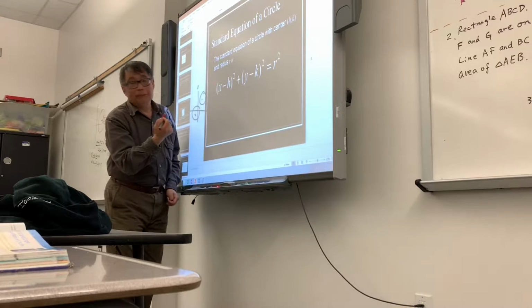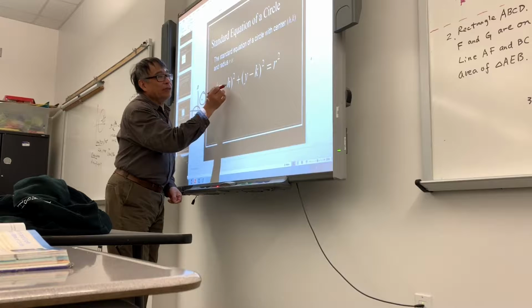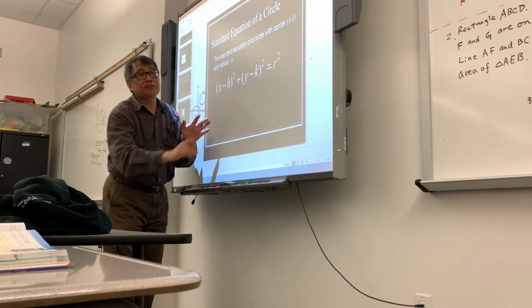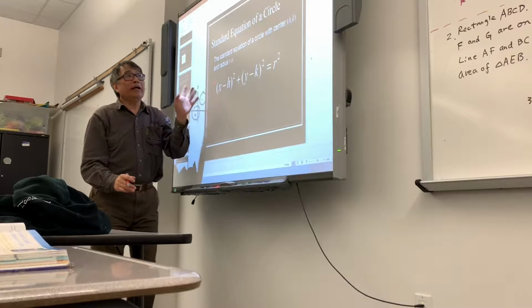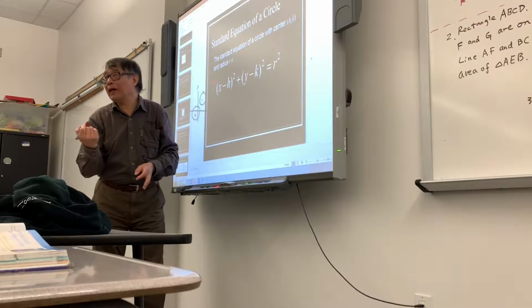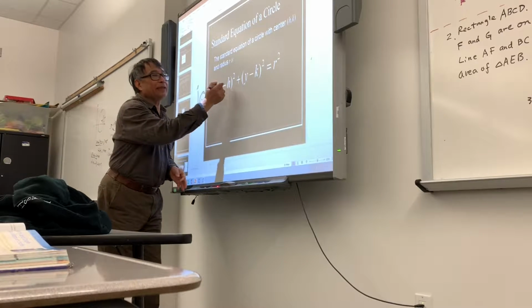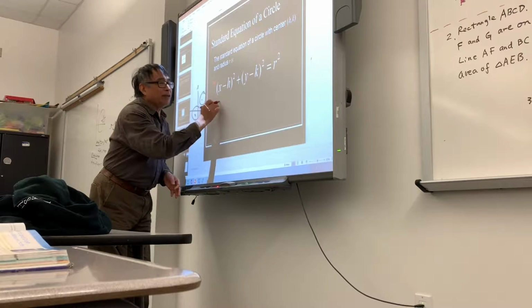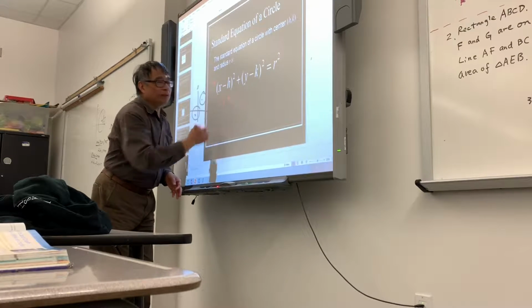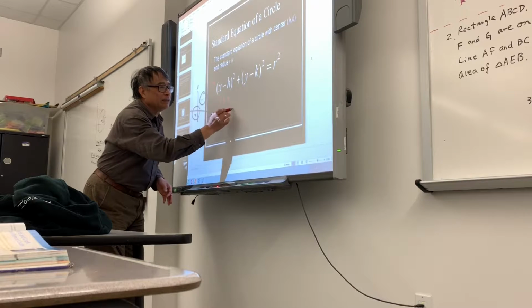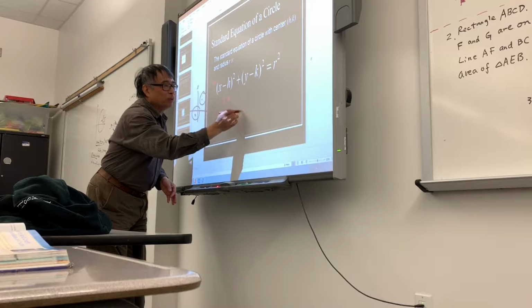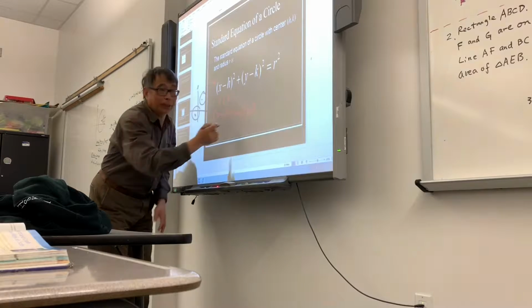How to remember? (x minus h) and (y minus k) in parentheses, and r squared is always there. If h and k are positive, the signs are negative. For instance, (3, 5), okay? You get (x minus 3) squared plus (y minus 5) squared equals r squared.